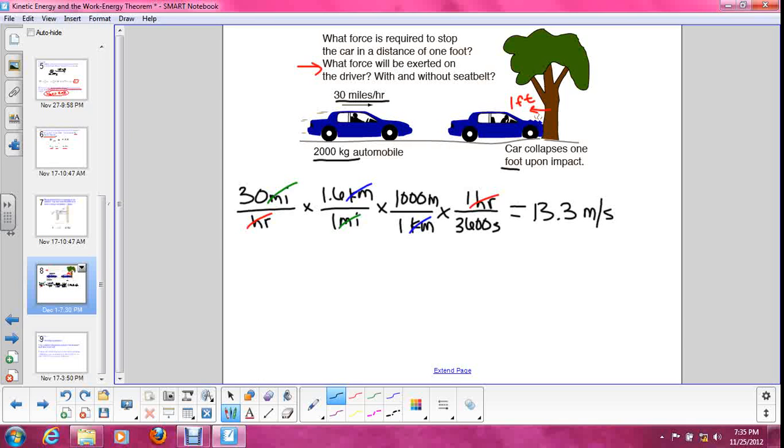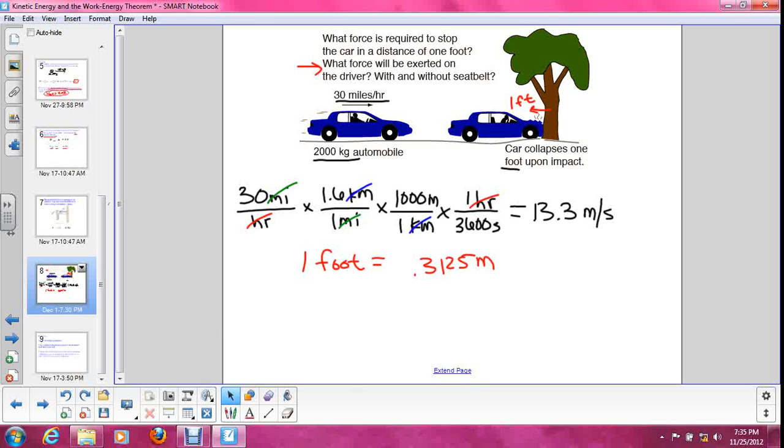And it turns out, I just happen to know this off the top of my head, that 1 foot is equal to 0.3125 meters. So now we have everything in the correct SI units, meters, meters per second, kilograms. We're all good. Now let's figure out what force is exerted on this driver.